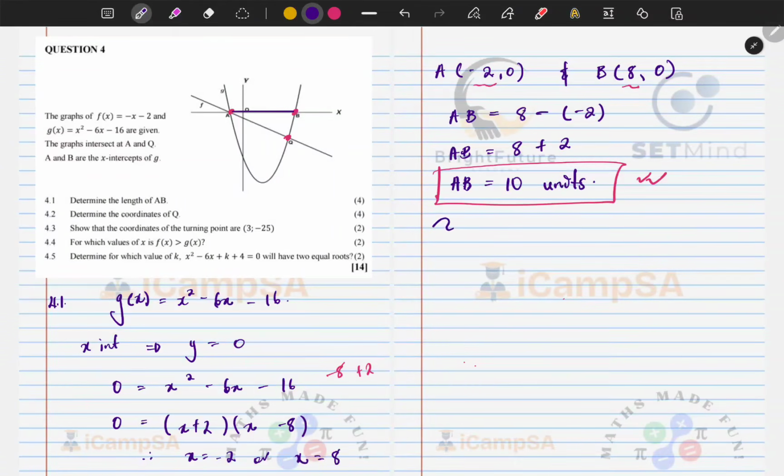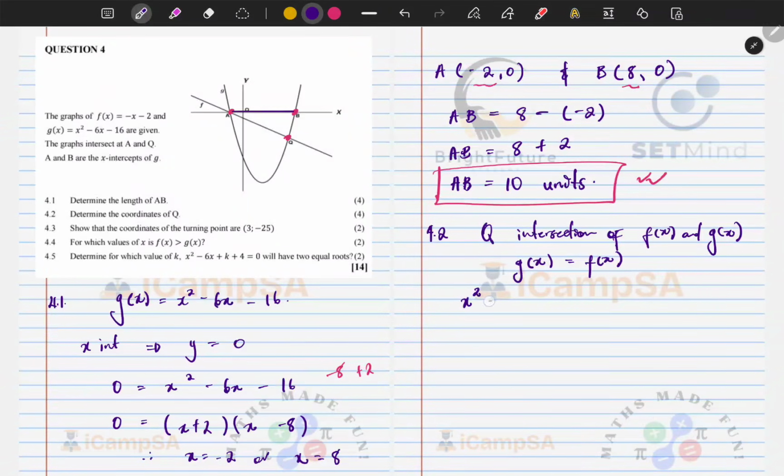Great. So now let's look at 4.2. They want the coordinates of Q. Q is an intersection of f of x and g of x, and if they intersect at the same point, we can simply say g of x is equal to f of x, and then we solve from there.